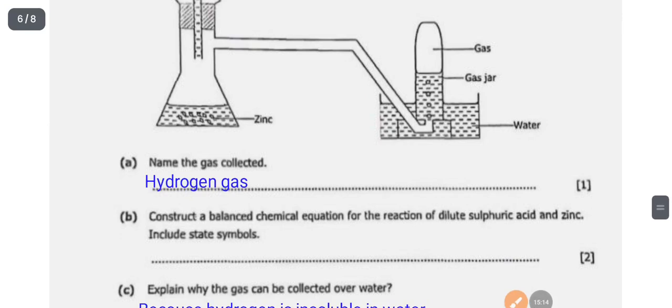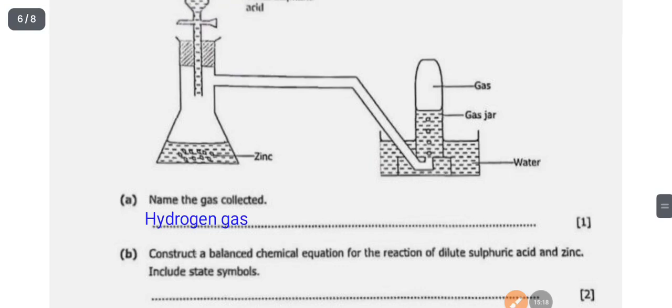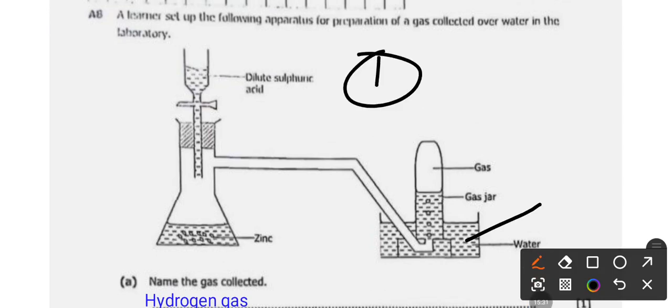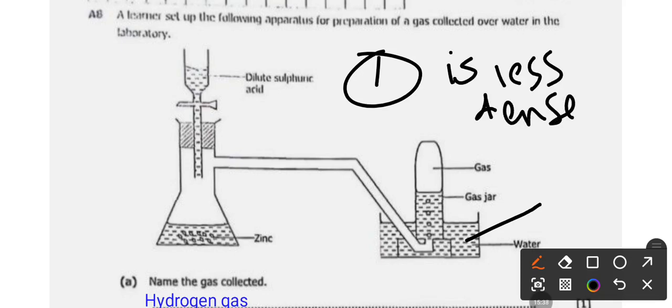Question C. Explain why the gas can be collected over water. Alright. So there are three reasons why you can collect hydrogen over water. Number one, and this is the most important reason, hydrogen is less dense than water.